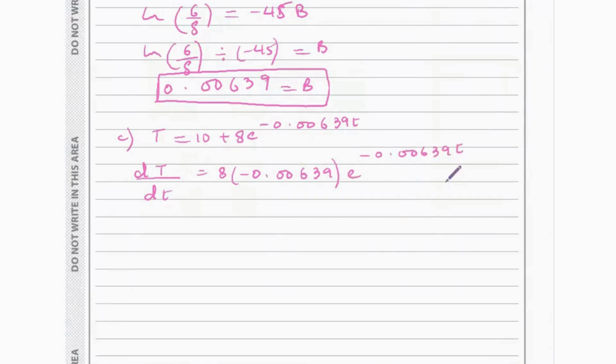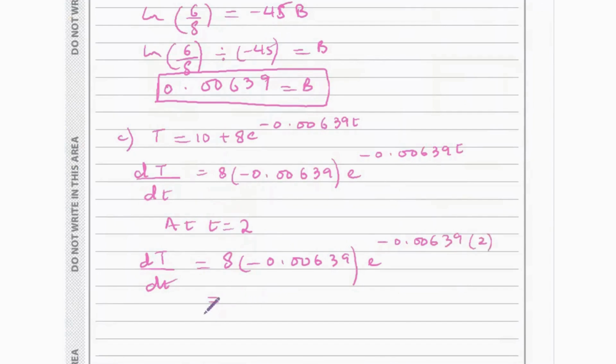An exponential function, e remains as it is, but you differentiate the power and multiply the derivative of the power with the exponential function. So now you find the value of this at t equals 2. So dT by dt is going to be 8 times negative 0.00639 times e to the power of negative 0.00639 times 2. That's going to give us a value of negative 0.0505. That is your answer.